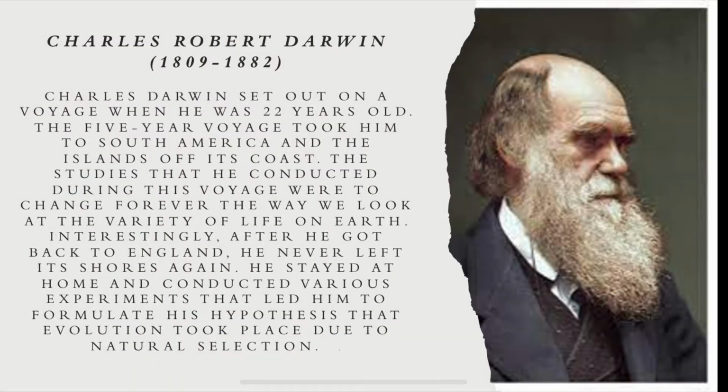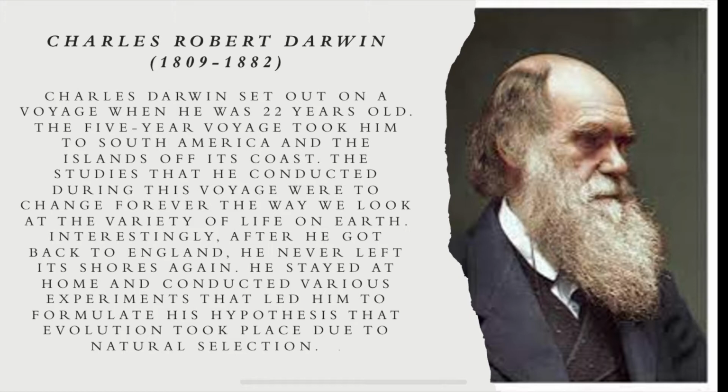Charles Robert Darwin. Charles Darwin set out on a voyage when he was 22 years old. The 5-year voyage took him to South America and the islands off its coast. The studies that he conducted during this voyage were to change forever the way we look at the variety of life on Earth.